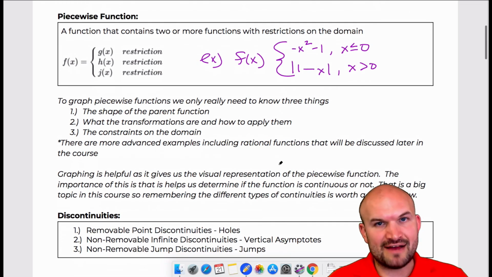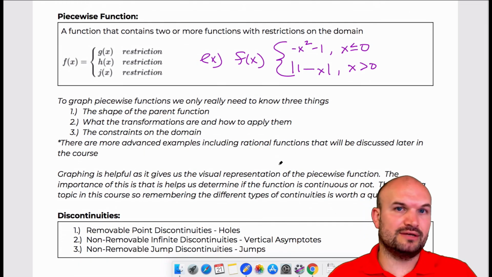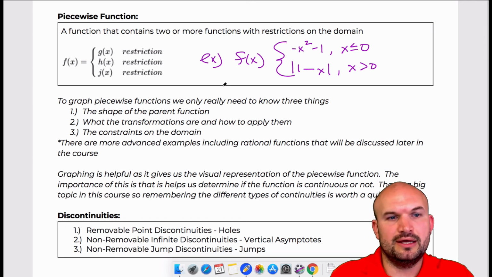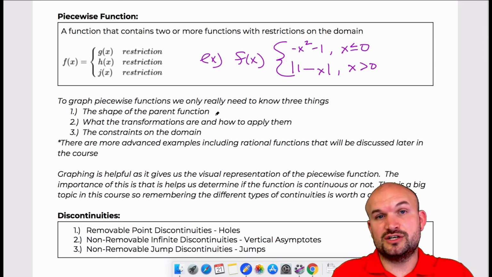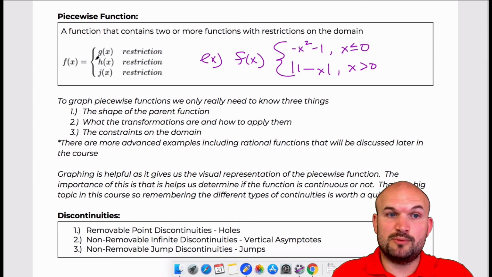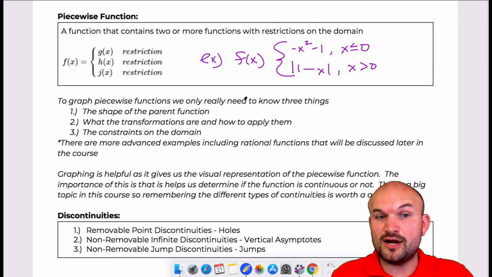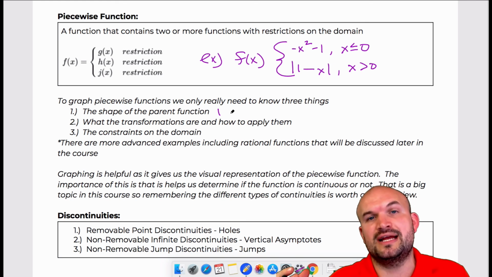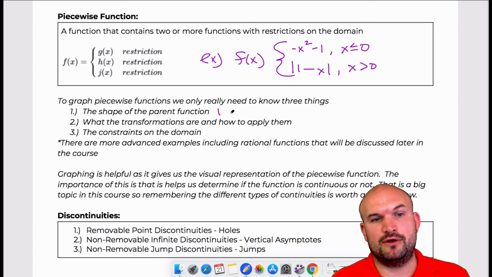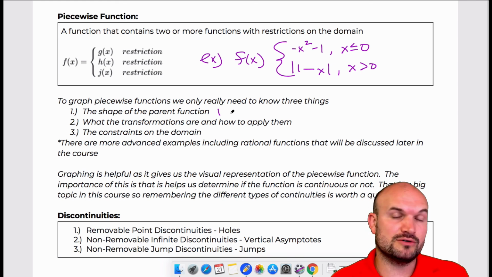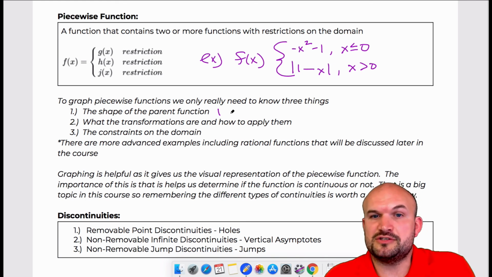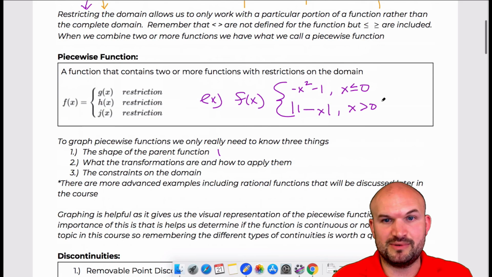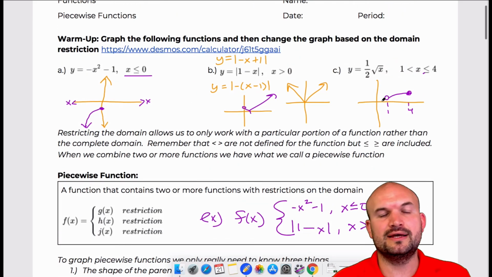So when graphing piecewise functions, again, this really relates to what we did last class period. The main important thing is you need to understand each of these functions that are provided and know what the parent graph looks like. That's something we covered in the last lesson, understanding the parent graph and knowing the shape of that graph. Then, also what we covered last lesson was identifying the transformations, right? I covered the transformations of these graphs rather quickly for you.